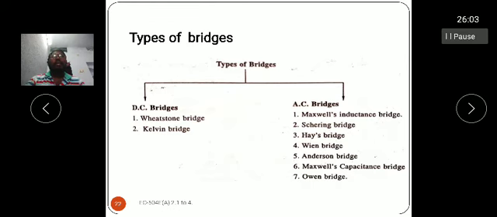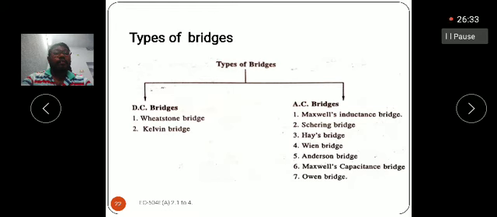In the DC bridges, we are classifying by the construction of the bridge circuits and the measurement of unknown parameters. For measuring resistance, we are using the Wheatstone bridge. The Wheatstone bridge is the simplest form of circuit design, and by nullifying the detector value with the help of a null detector in the circuit, we can easily find the unknown resistance.